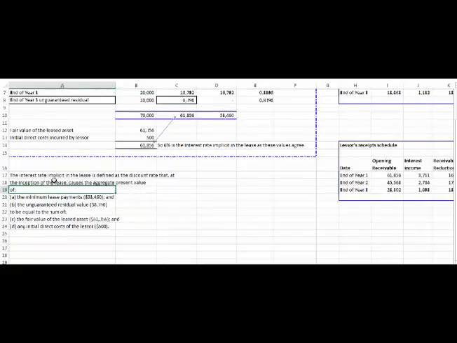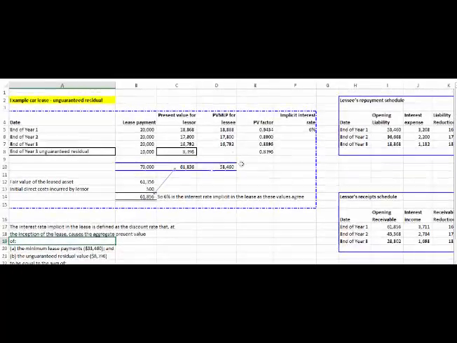So our interest rate implicit in the lease, that definition says it's the rate that causes the present value of the minimum lease payments, what the lessee is committing to pay, and the present value of the unguaranteed residual, which is 8,396, to be equal to the sum of the fair value of the leased asset at the beginning of the lease and those initial direct costs that the lessor is going to incur.